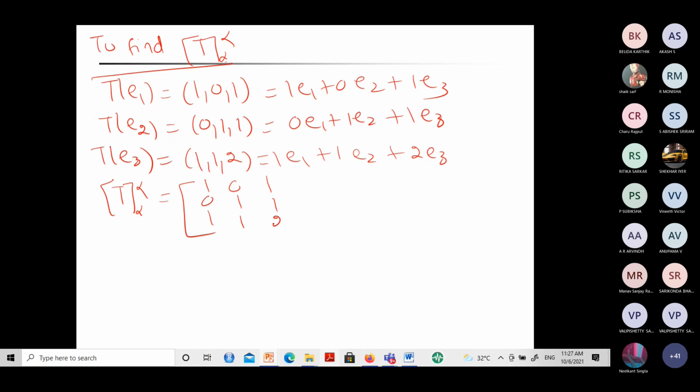Whenever you write the standard, this is the standard matrix, because both sides have the same standard basis. It's easy to write, the same thing will come: 1, 0, 1; 0, 1, 1; 1, 1, 2. No change, both sides same basis.